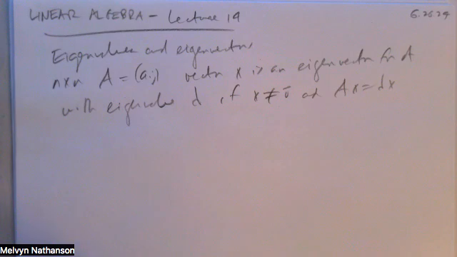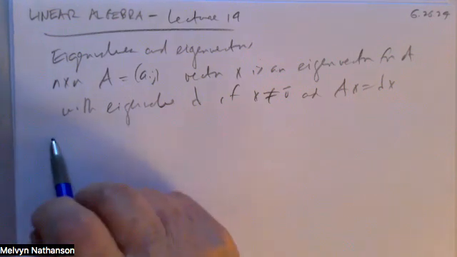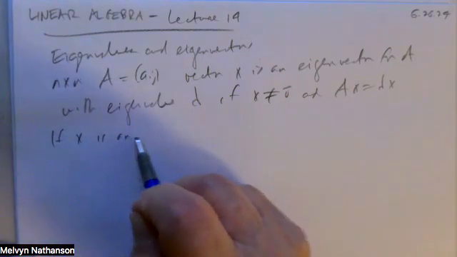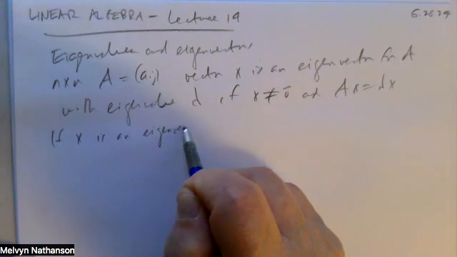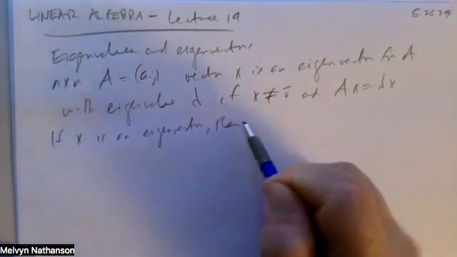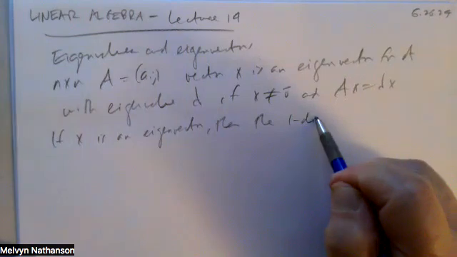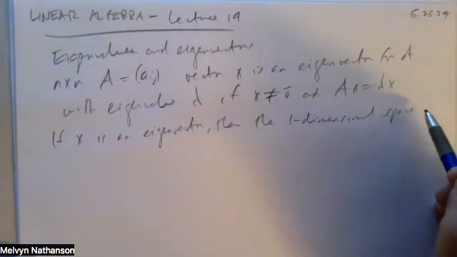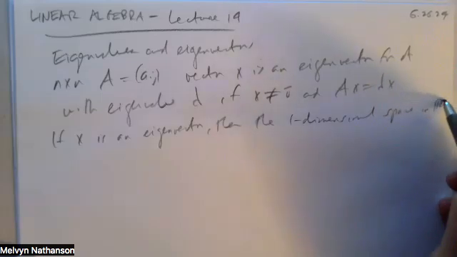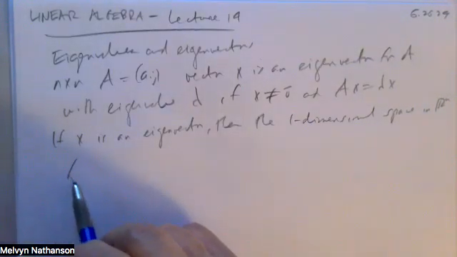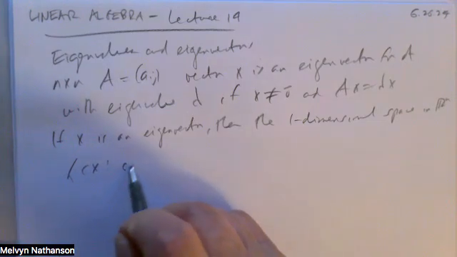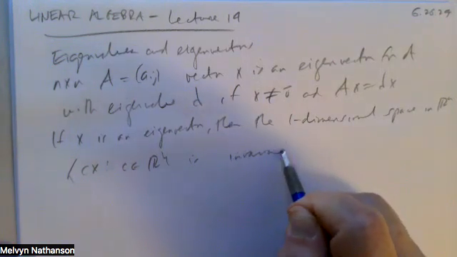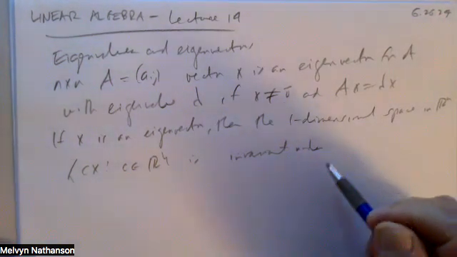And so if x is an eigenvector, then the one-dimensional subspace in Rn, consisting of just all scalar multiples of x, is invariant under A.